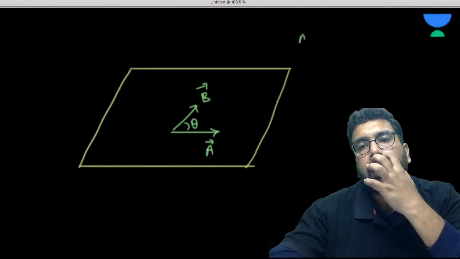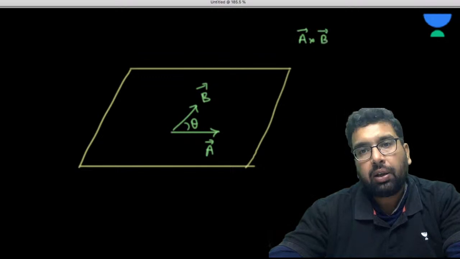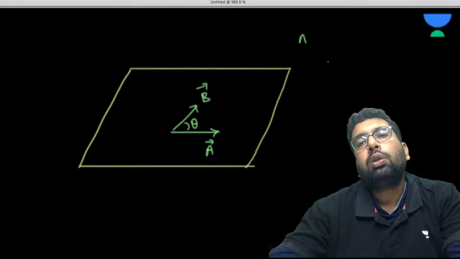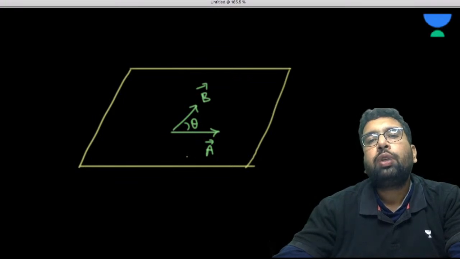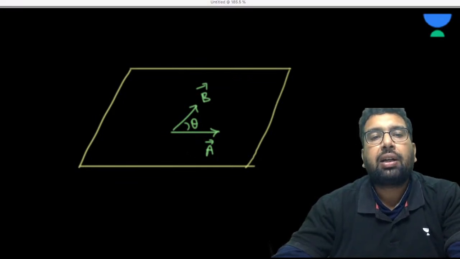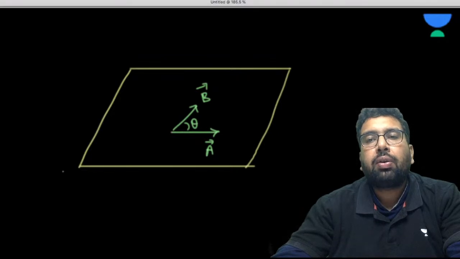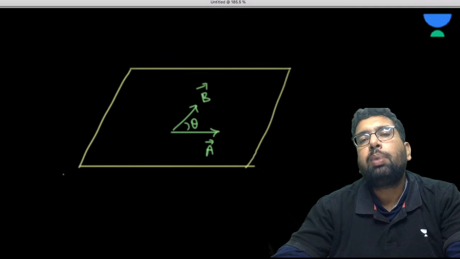When you write A vector cross B vector, you have the magnitude of this. Now we are to think about the direction. The vector you get from the cross product of A and B is going to be perpendicular to the plane of A and B.